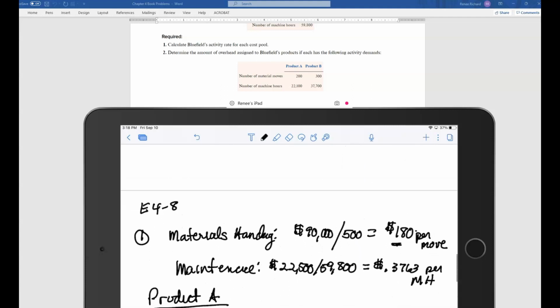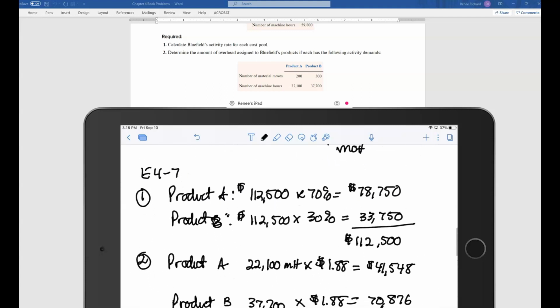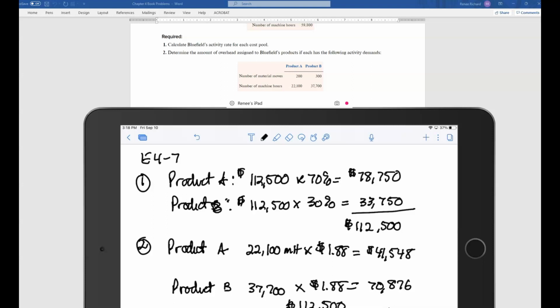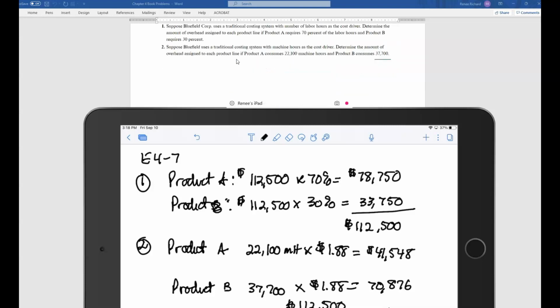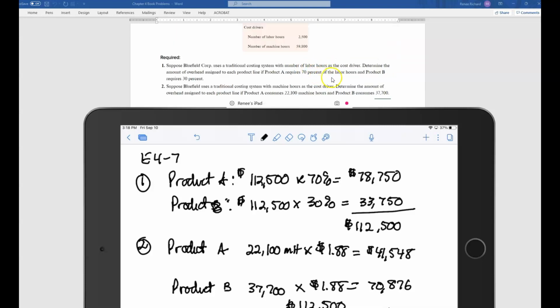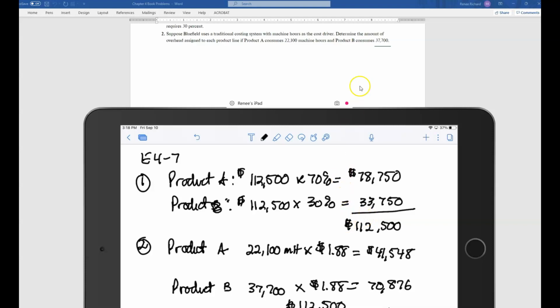So if we look back at regular costing, product A requirement 1 was labor hours as a cost driver.